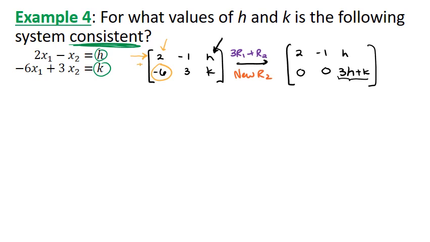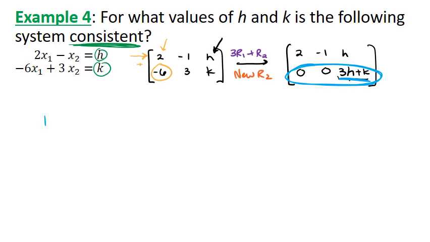Okay, now, if you look at this, this second row resembles something very similar to what we saw in the previous example. Now, we do not want this to be something other than 0.